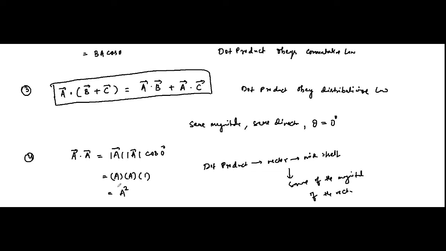Okay, this a vector dot a vector gives us the square of the magnitude of a vector. That is the fourth important property related to dot products.